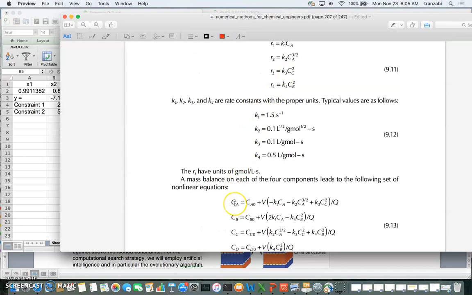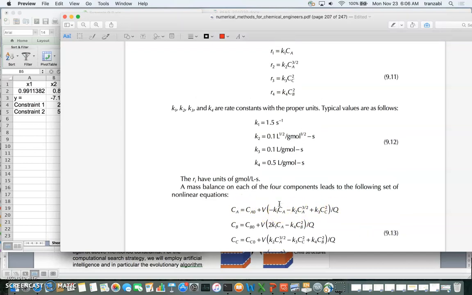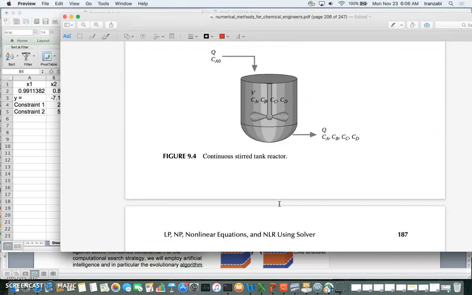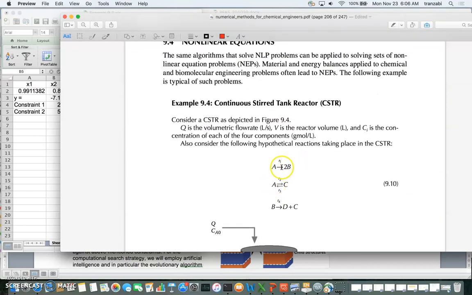The concentration of A is equal to initial concentration of A plus the volume divided by Q. So this volume divided by Q gives the total time, because the dimension of this is V, dimension of this is volume per time. So V divided by Q gives you the time dimension. In other words, this is nothing but writing the reaction for the first two reactions.